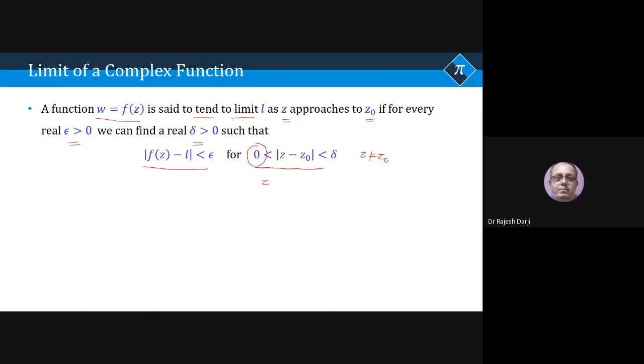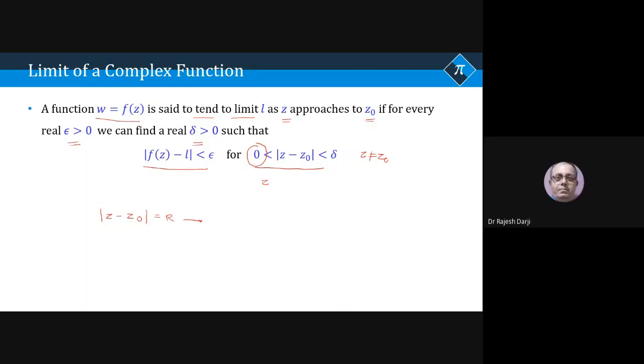What does it mean? If we recall the definition of geometric property of the complex number, then modulus z minus z0 equal to something r. So what does this represent? 70 number, Jaydev. Yes, sir.